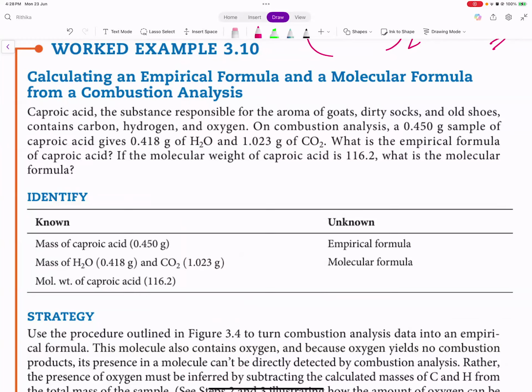The question, right, sir? Yeah. You can write the data. That 0.5450 gram is the sample.